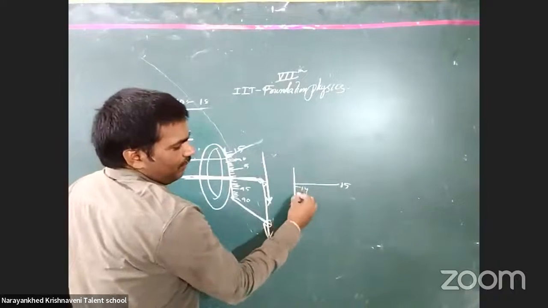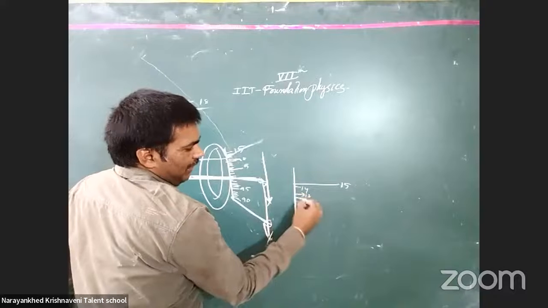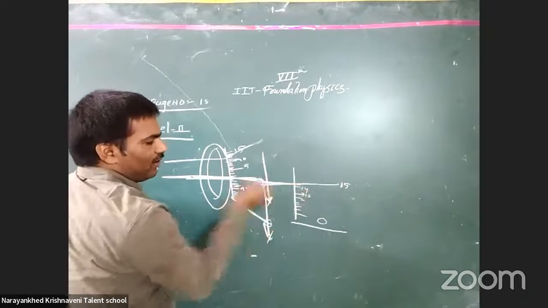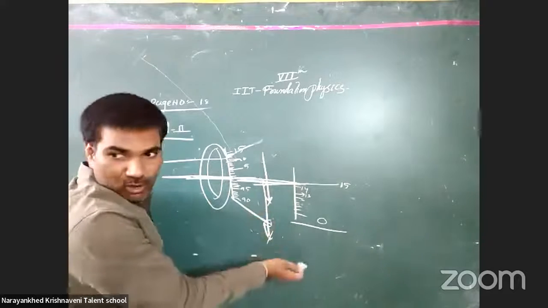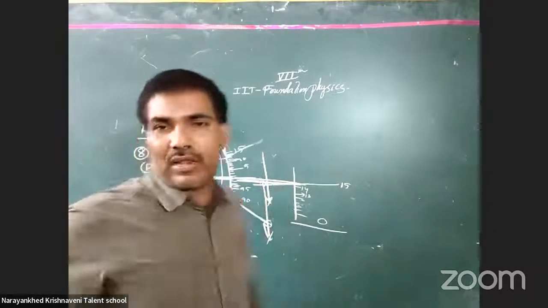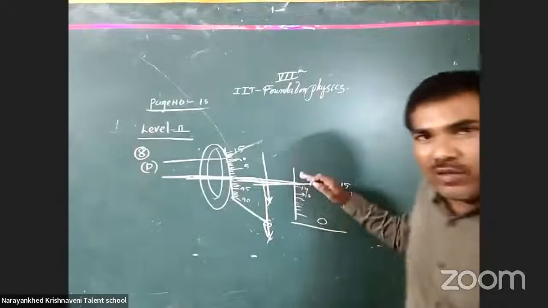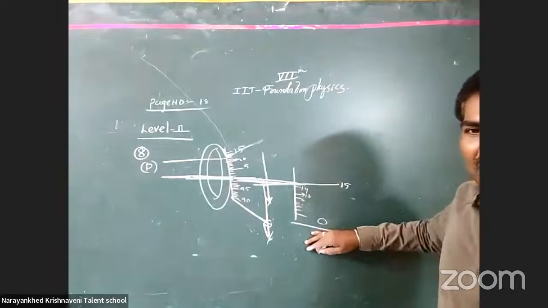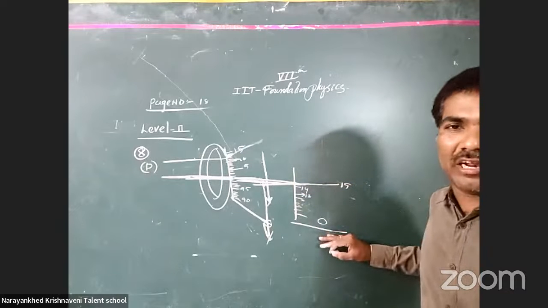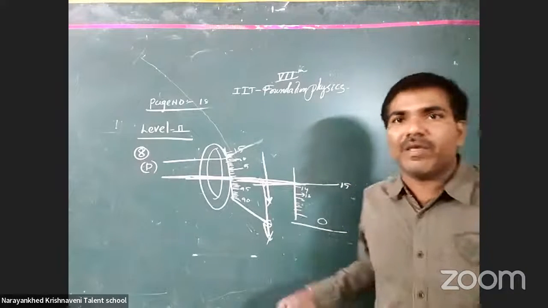It will be 14, then 13, like that up to here, where it is 0. The zero is here on the scale, below the principal axis. Clear or not, all of you? It is below the principal axis when we take it like this. Automatically it becomes a positive zero error. The correction becomes negative.